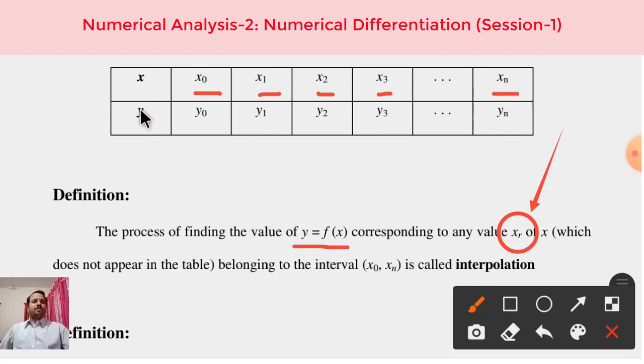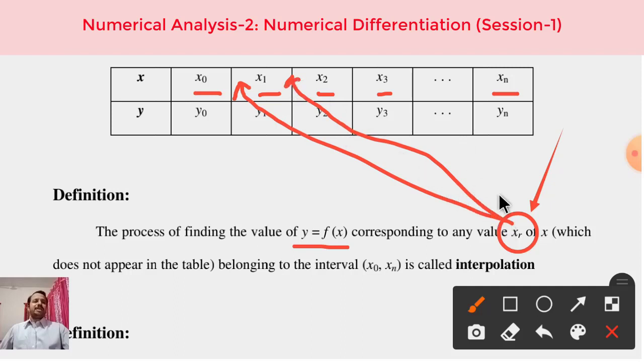We know the value of y at these values of x. Now xr is one such value apart from these n plus 1 values of x. That is, xr may be somewhere here, or somewhere here, either inside the table or outside the table.